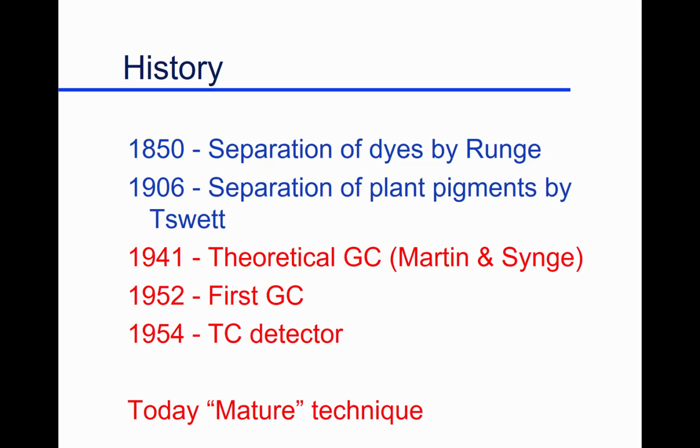In 1941, the first paper was published on gas chromatography. It was a theoretical treatment. Gosh, we may be able to do chromatography in the gas phase, which was absolutely revolutionary. It took 11 years to go from theory to practice, and the first gas chromatograph came into being.